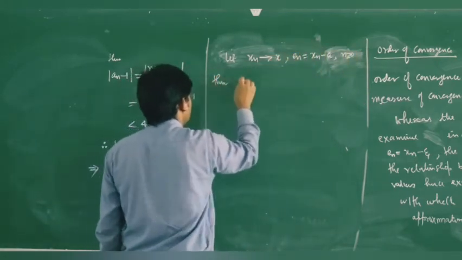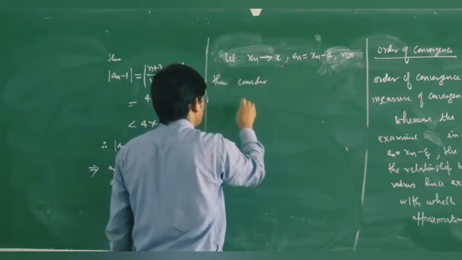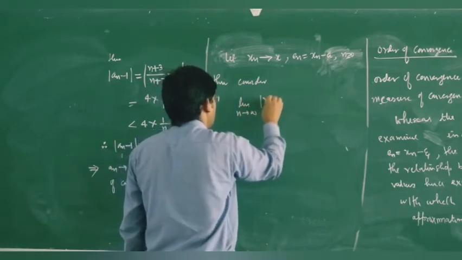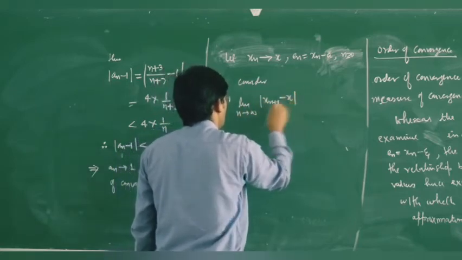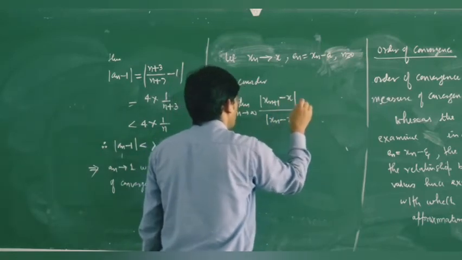Consider the limit as n tends to infinity of modulus of xn plus 1 minus x upon modulus of xn minus x to the power p.